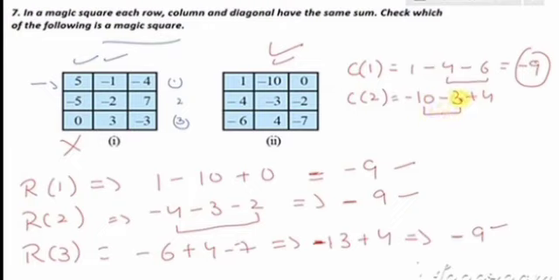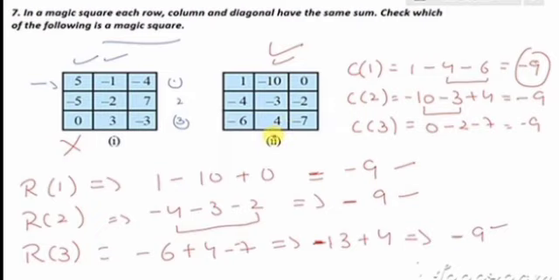So minus 10 and minus 3, that will be equal to minus 13, because both numbers have negative sign. And minus 13 plus 4, that will be equal to 9, and you will have negative sign in the answer because the negative number was greater. So next, column 3 is 0, minus 2, minus 7, that will be equal to minus 9. So again we get the same answer, minus 9, when we do it column wise or row wise.